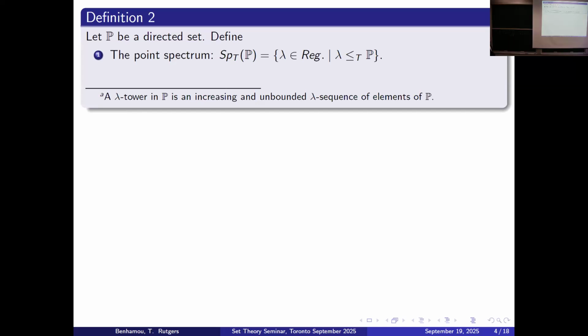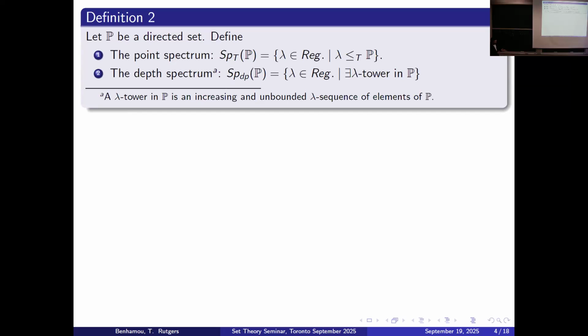And the second one, which I don't know if it's standard, I haven't seen it elsewhere, is the depth spectrum. The depth spectrum of P consists of all regular lambdas such that there is a lambda tower in P. A lambda tower is just an increasing unbounded sequence in P of length lambda.